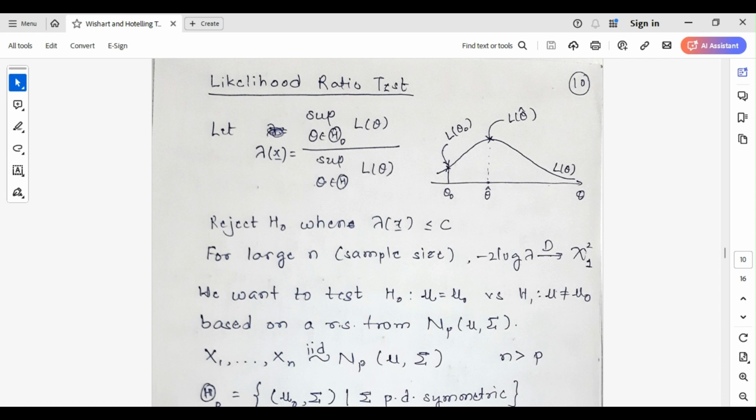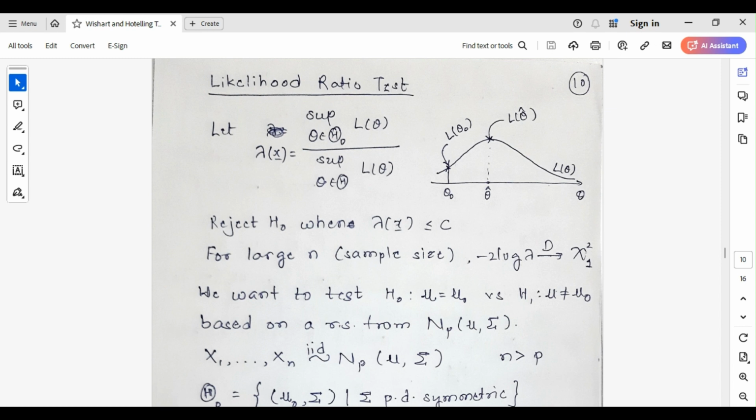And so, when we look at the ratio, if this supremum of the likelihood function under the null parameter space is more or less equal to the likelihood function supremum over the entire parameter space, it would mean that the likelihood function is indicating that the sample would be coming from the value of the parameter space specified by the null hypothesis.